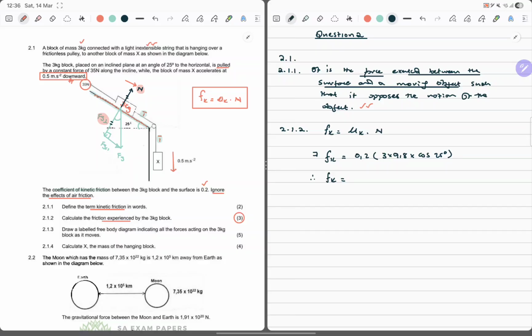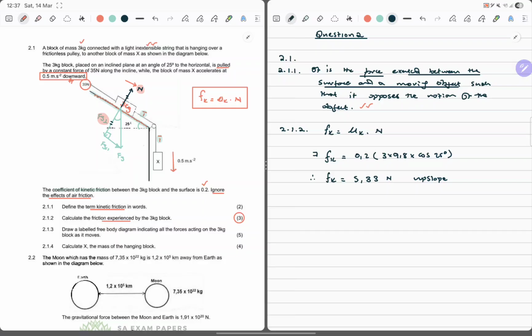Okay, so I get 5,332 decimal places newtons. Now the question said calculate the friction. Now the friction has a direction. It's going to be upslope. It opposes the motion. Remember, we needed to be sure and establish in which direction are these blocks moving.